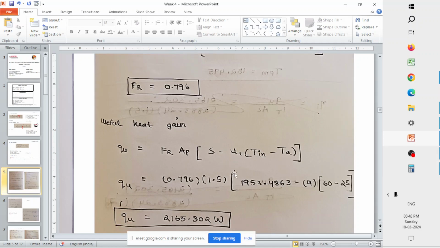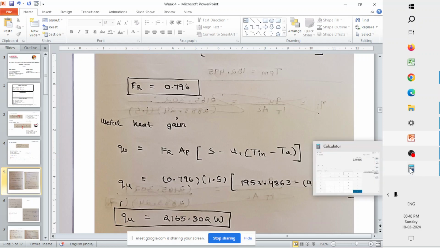So if you calculate this, your QU is 2165.302 watts. Here it won't be watt per meter square because you are multiplying your S with the AP, so meter square and meter square will get cancelled. So your QU will be 2165.302 watts.